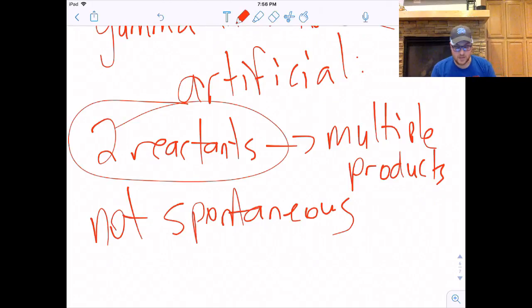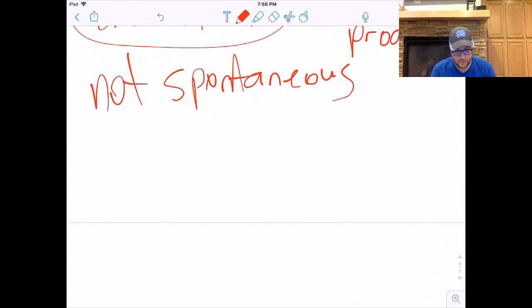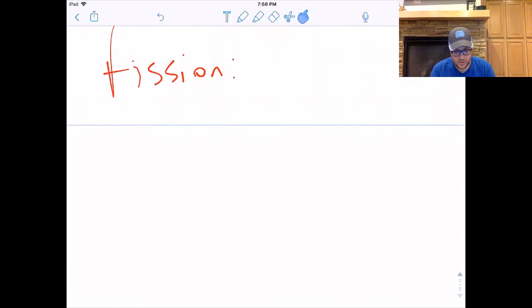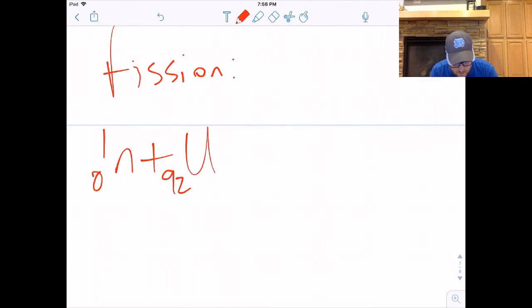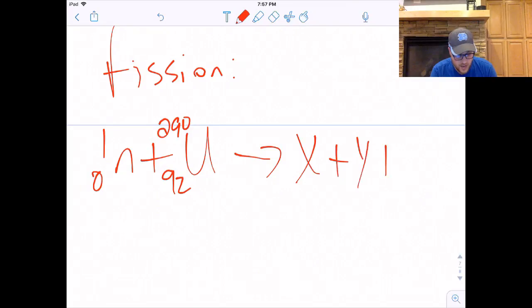And there's two main types. There's fission, where we will always take some neutron particle and fire it at a big atom. Almost always it's uranium. Then uranium is going to break down into X plus Y, and usually it releases like 3 other neutrons, where X plus Y have to add up to 92.